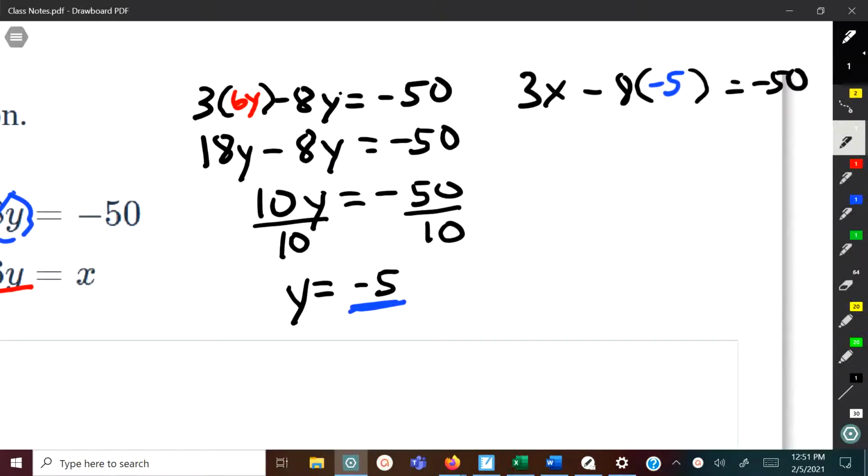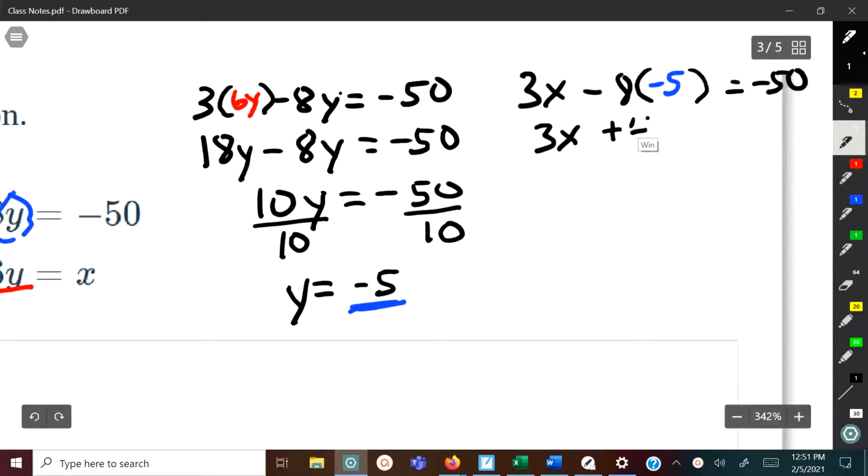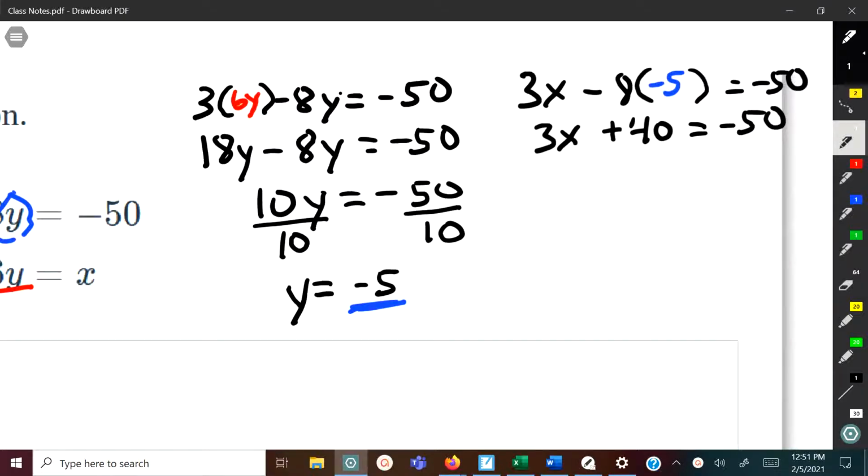So we have 3x, and then negative times a negative, which is a positive, and 8 times 5, which is 40. And then we're going to subtract 40 on both sides.